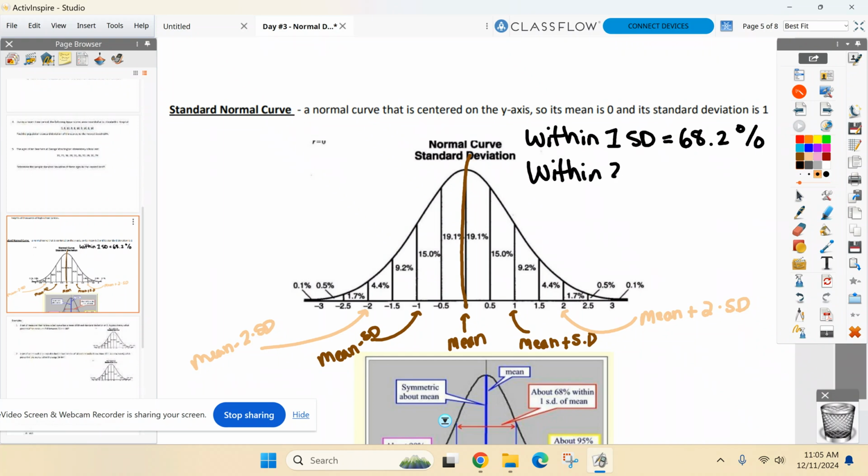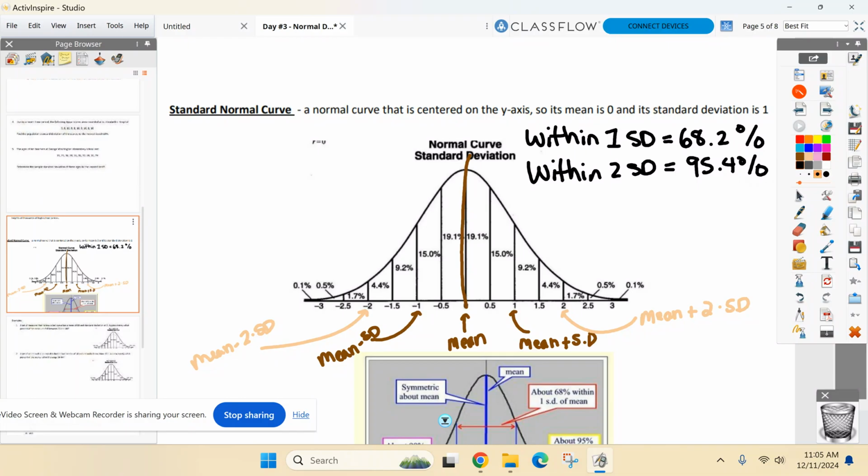That's a pretty high percent. So as you add up from -2 to 2, what's our percentage? 95.4. Please know that number as well.